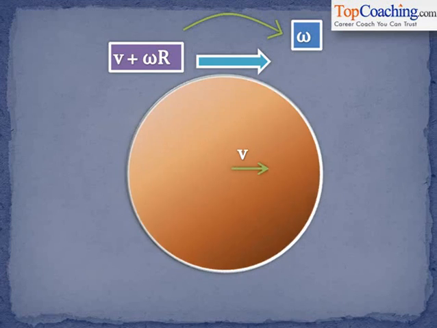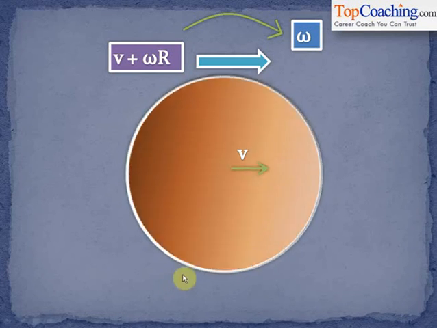If every point of the wheel does not move to the right with a velocity v, then the wheel will be broken into parts with different parts moving with different velocities. So every part of the wheel is definitely moving to the right with a center of mass velocity v. Now since the wheel is rotating with an angular velocity omega about its center of mass, the topmost part of the wheel will also have a velocity omega r because of this angular velocity, isn't it?